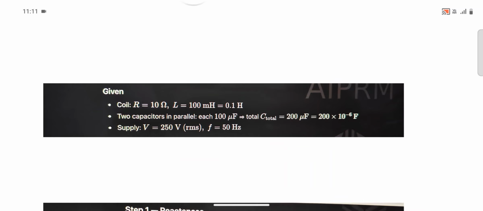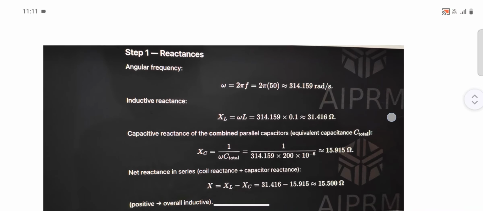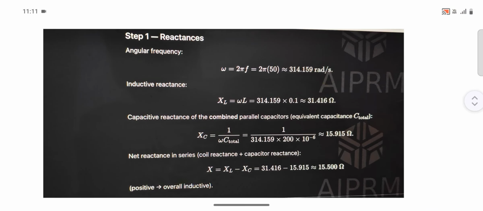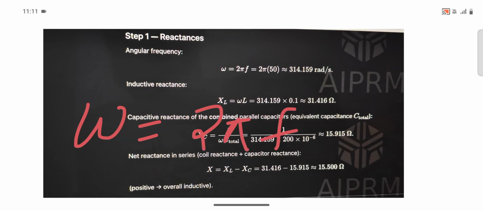Okay. Now first we have to calculate the reactance. As we know, the angular frequency formula is omega is equal to 2 pi into frequency. Frequency is given, then we will get angular frequency. Now we will calculate inductive reactance and capacitive reactance.